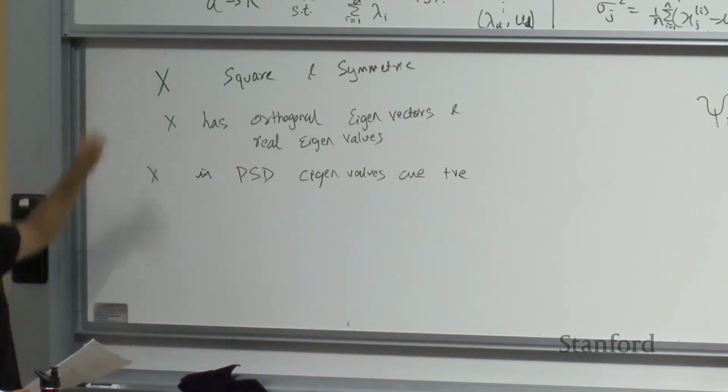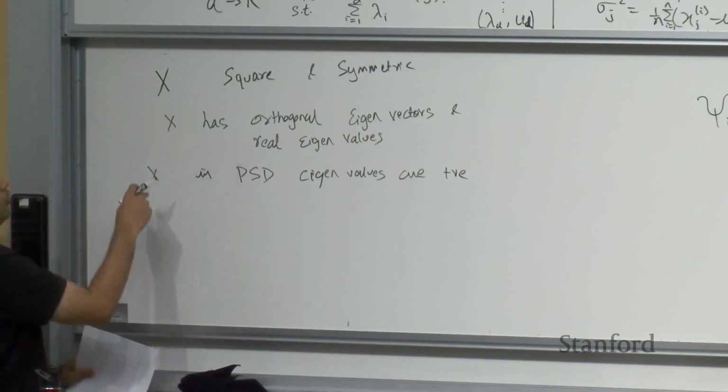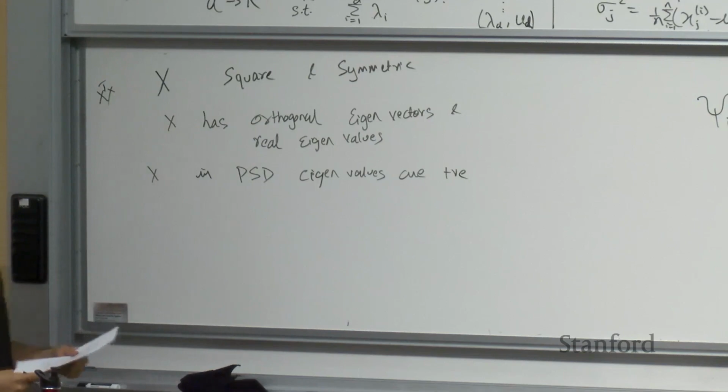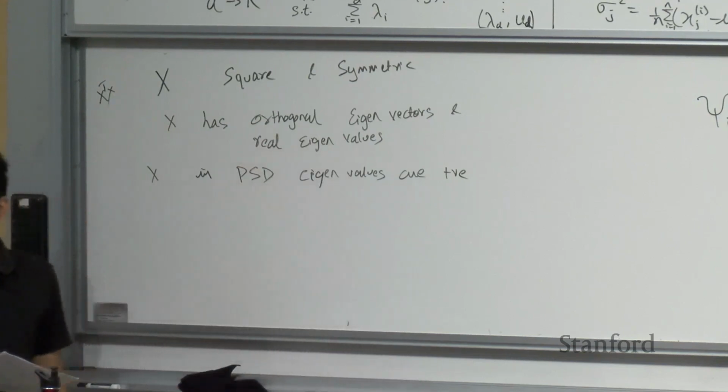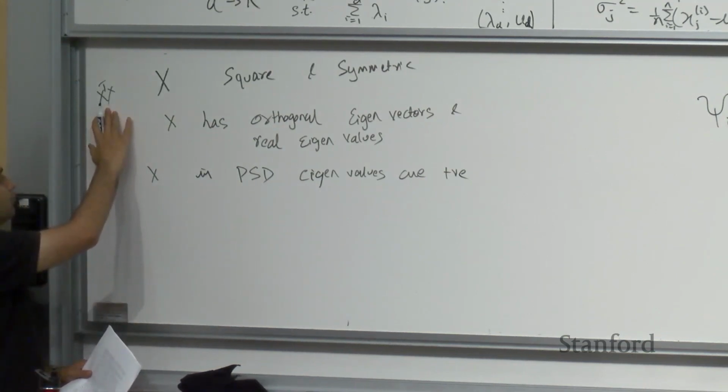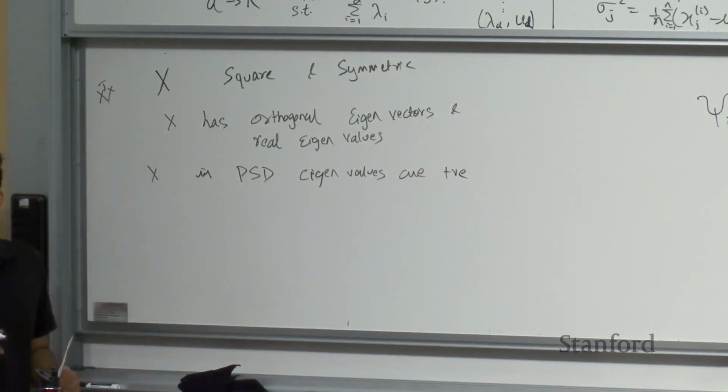Now, in this case, we are using X transpose X to be the matrix on which we are performing eigen decomposition. So X transpose X is guaranteed to be square, symmetric, and positive semi-definite. Right?